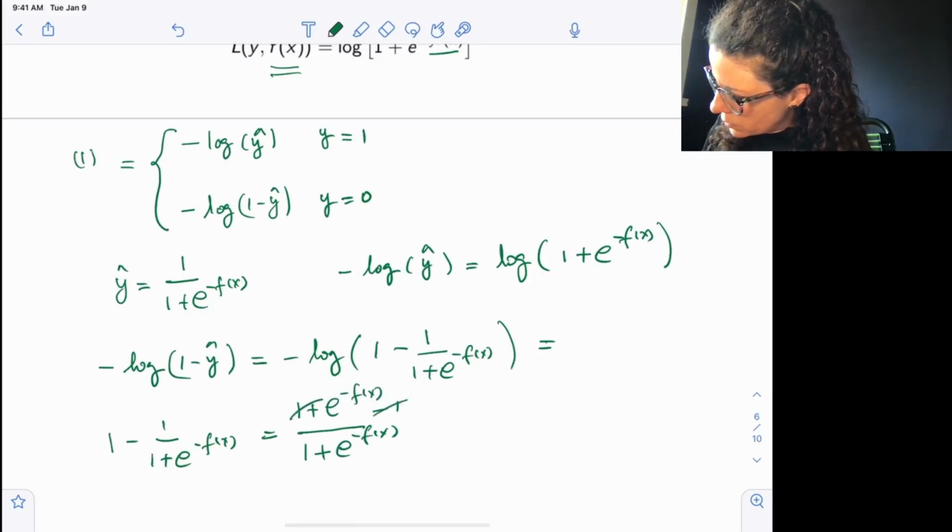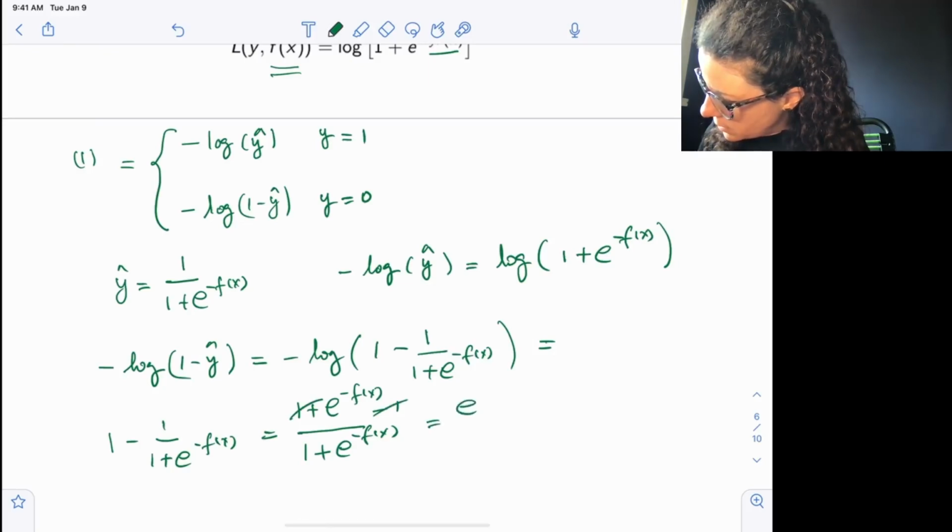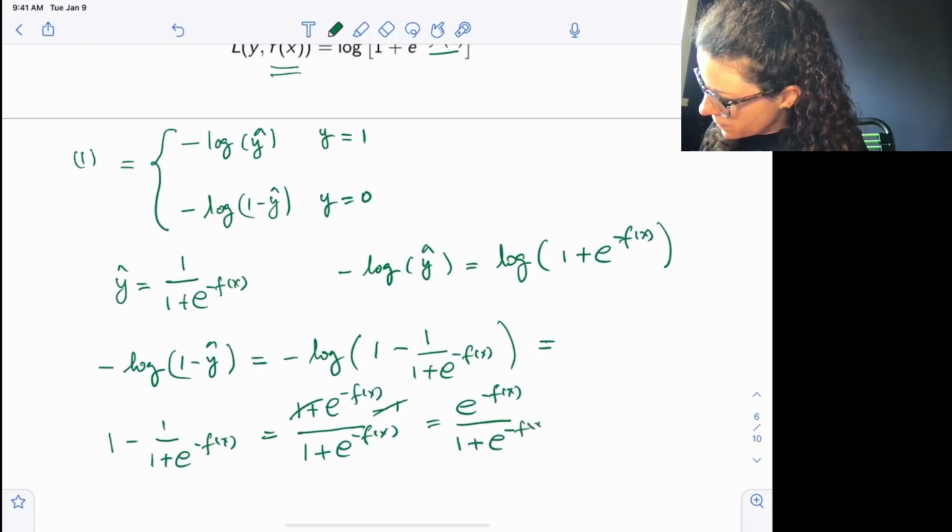So what we have here is e to the minus f of x divided by 1 plus e to the minus f of x.